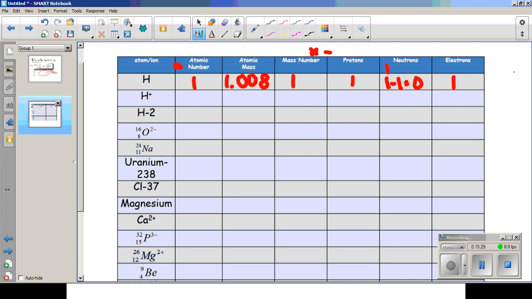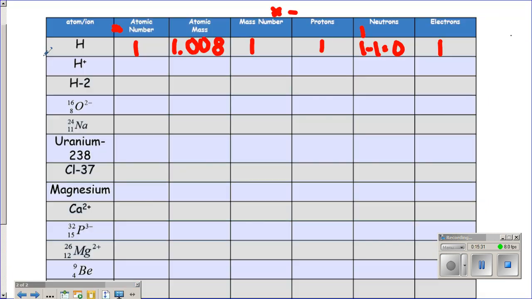This hydrogen is a cation. So this is not an atom. It's got a little positive symbol right there. Still, the atomic number never changes for hydrogen. The mass from the atomic mass is not given, so we'll get that from the periodic table, and then we'll round it to get the mass number. Protons are 1.